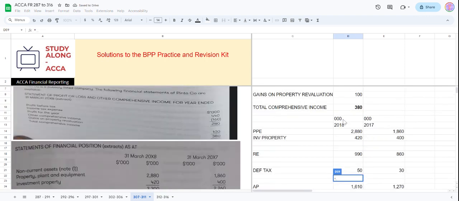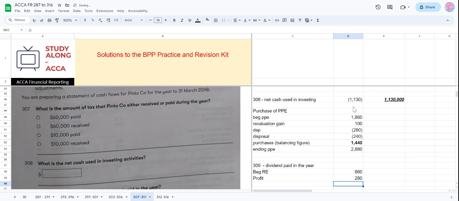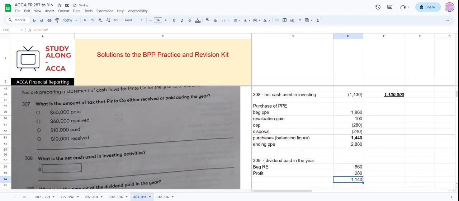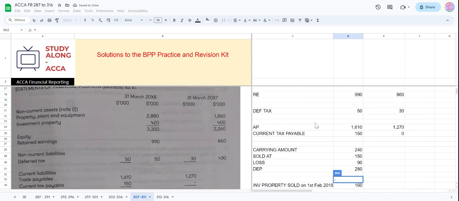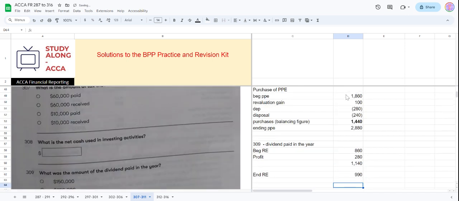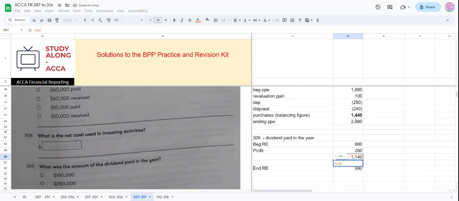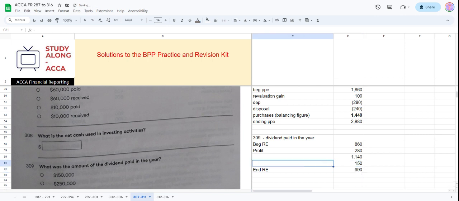We have the profit of 280, and then we say okay, now we have 860 plus 280, we have 1140. Then we say our ending retained earnings is how much? Our ending retained earnings in the question is 990. So where does the remaining amount go? It was definitely a distribution.